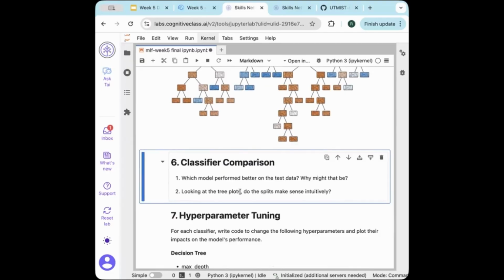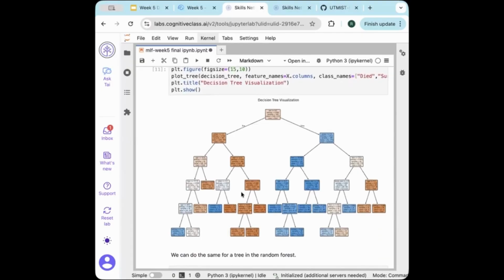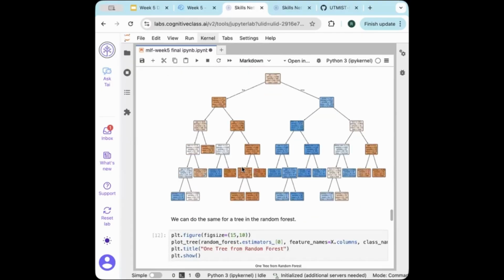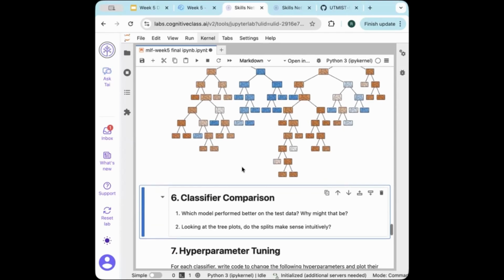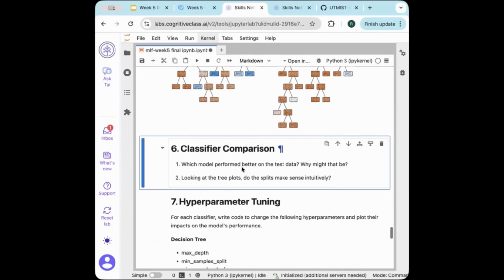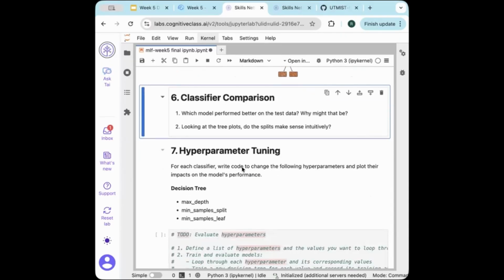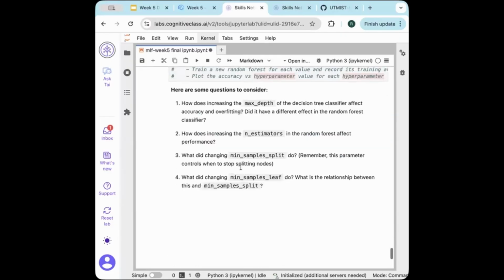Question one: when you look at these two plotted results, and you can plot them on your own as well, which model performed better on the test data, and why might this be the case? The second question: looking at the three plots, do the splits make sense intuitively or not? Think about it for a minute or so, and then we're going to answer these questions, and then we're going to quickly do hyperparameter tuning, which is going to be our last section.